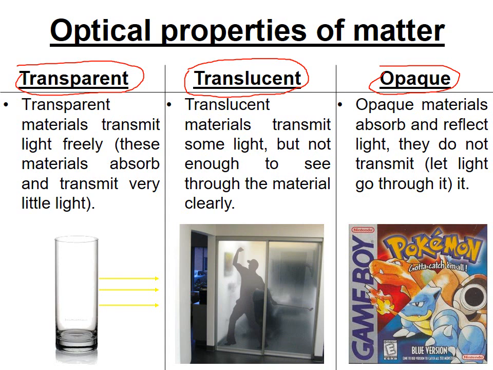So you don't really see too clearly through it. You can see through it, but not very clearly. So for example, you might just see the silhouette of a person. If you take a look at wax paper during your lab, you'll notice you can see through it, but not 100%. You only see the silhouette of the person, or you might just see a blurry image because not all the light rays are going through it like you would see in the transparent material.